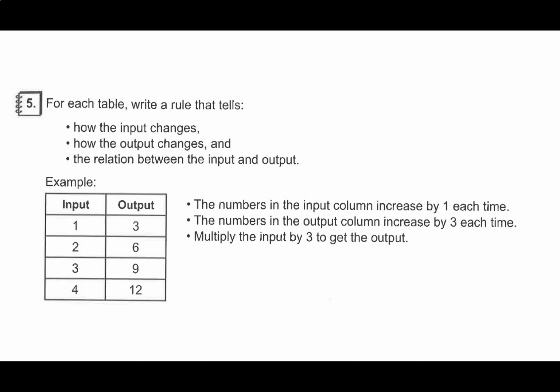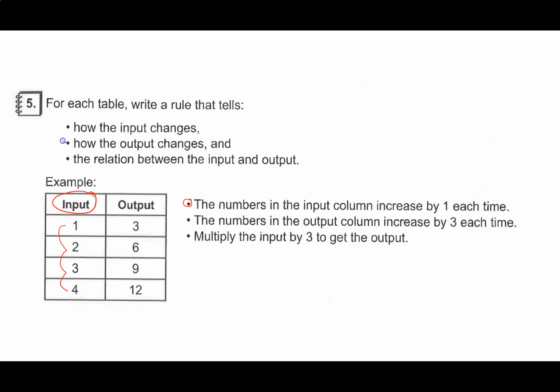What this is saying is it has 3 parts. The first part, how the input changes. So we will notice that the first column is labeled input. If we look at one number to the next, we can see that the input is increasing by 1. And that's exactly what they have written. The numbers in the input column increase by 1 each time.